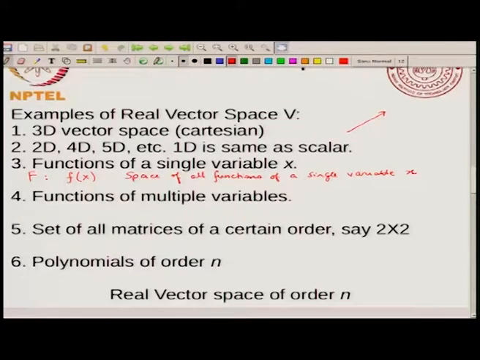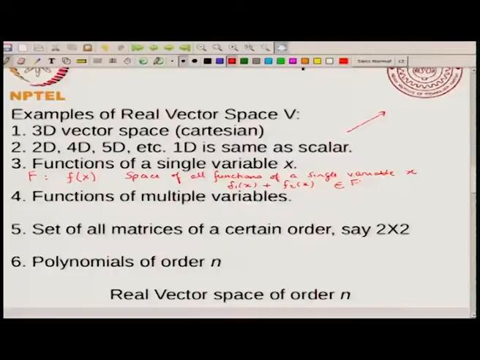And it is easy to show that F is in fact a vector space, because if you take one function f1 of x and you add another function f2 of x, you will clearly get another function. So this is also contained in F. So you add 2 functions of a single variable, you do not get a function of 2 variables, you will still get a function only of a single variable. Similarly, you multiply by a scalar, you will get a function of a single variable.